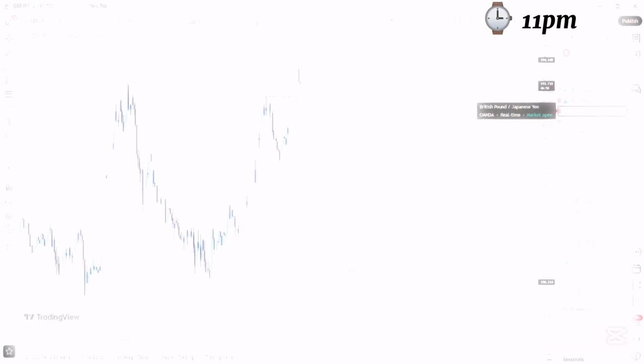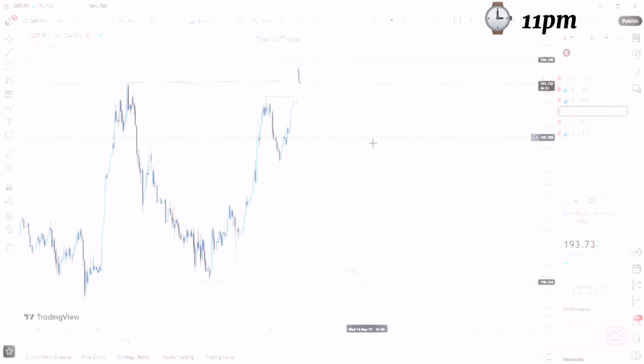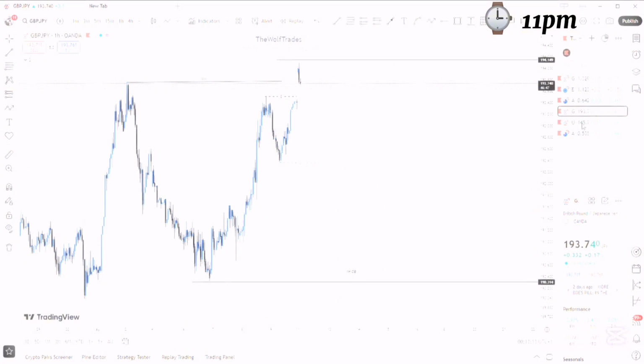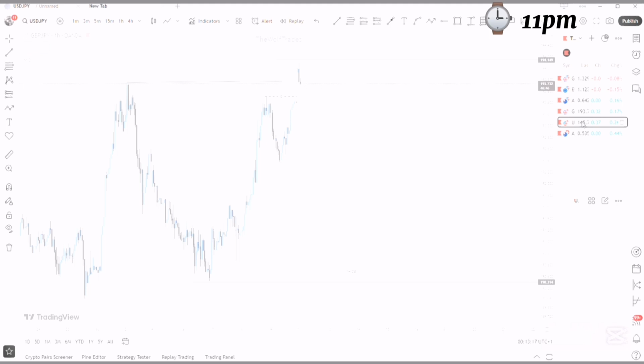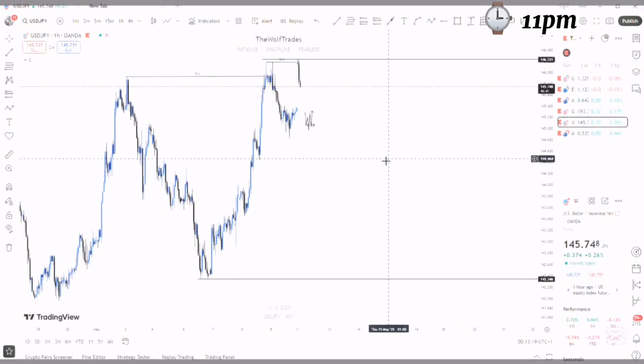Now let's look at the JPY pairs. I'm looking for a sell for the JPY. And USD JPY also I'm looking for a sell.